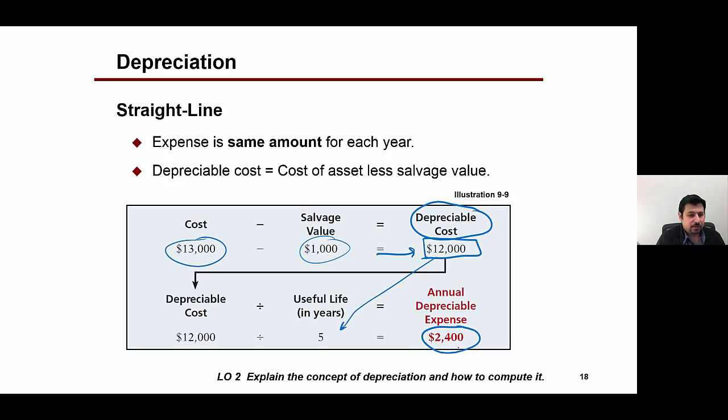Another method of doing that, instead of dividing directly by 5 years, is to multiply it by the rate. In this case, the rate is equal to 100% divided by the number of years, so 100% divided by 5, which is equal to 20%.